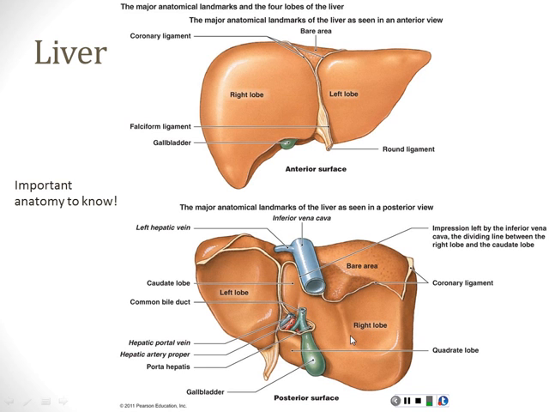The liver makes bile all the time, but it's only injected into the small intestine when it's needed. So when it's being made but not being used, it gets stored in the gallbladder. All right, so important anatomy of the liver.